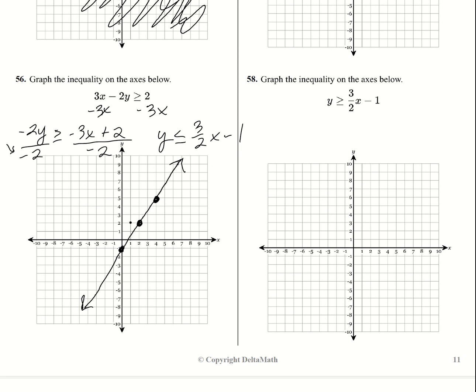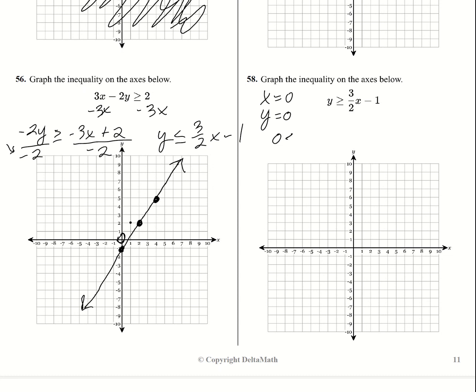All right. We can use our zero test. So we can say, is the point 0, 0, which is right here, included in this function? I'm going to let x equal 0, let y equal 0, and we'll see if this inequality holds true.